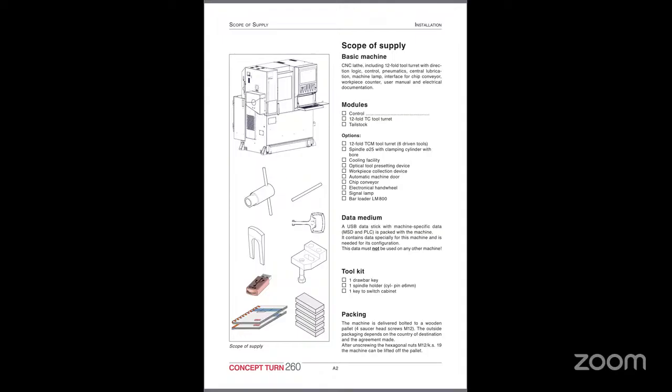So the package consists of CNC lathe, control system, PC, and touchscreen, plus documentation such as user manual, electrical manual, programming manual, and accessories such as keys, service tools, optional tool holders.